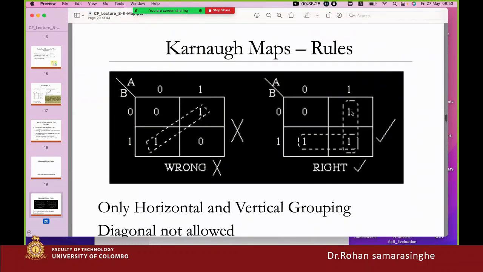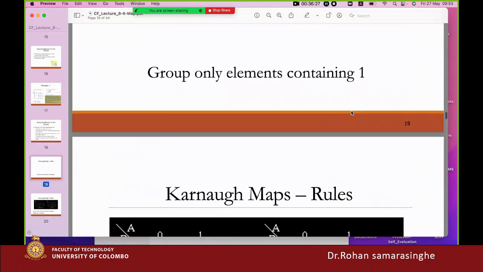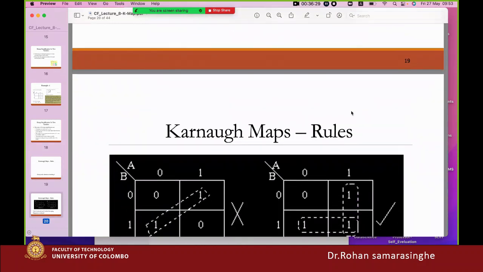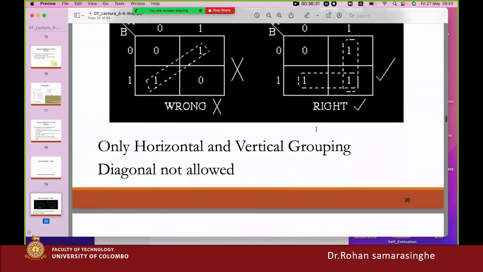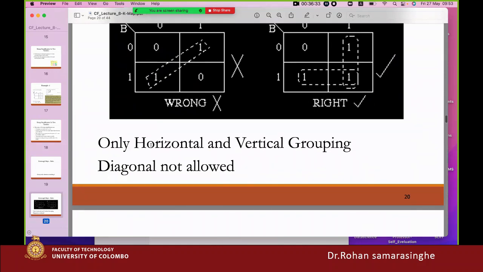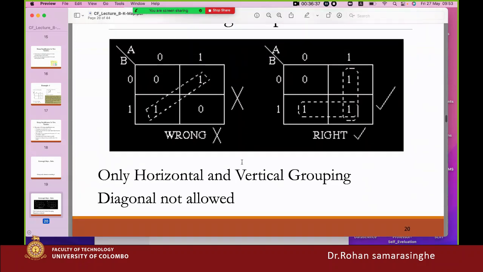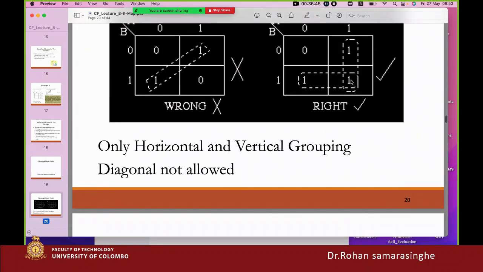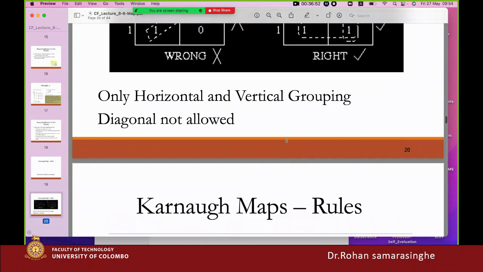You have to select only ones, not the zeros. The second rule is only horizontal and vertical grouping; diagonal grouping is not allowed. You are not allowed to group like this. You have to group horizontally and vertically only.